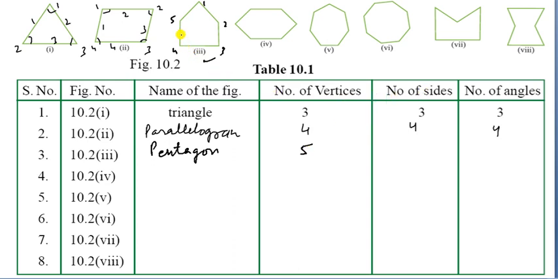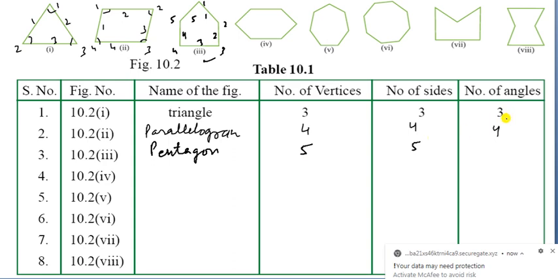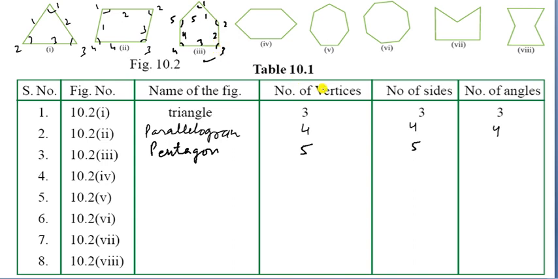Now the number of sides you can count here is also 1, 2, 3, 4 and 5. The number of sides is also 5. And the number of angles, you can count 1, 2, 3, 4 and 5. The number of angles is also 5.